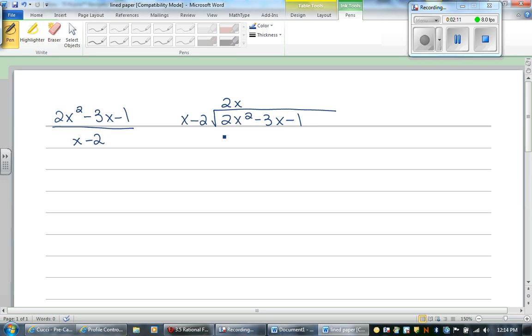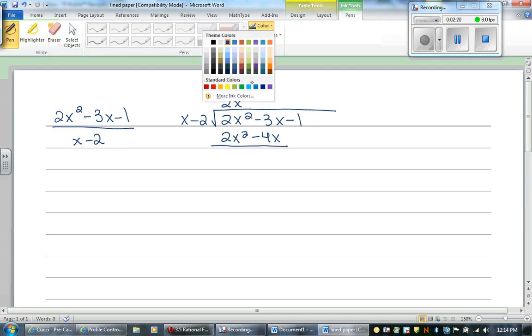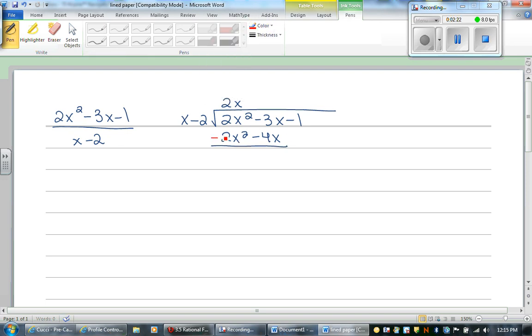We distribute that back through. And then we have to remember to subtract, right? So this becomes minus plus. So this becomes positive 1x, and I'm going to bring down that minus 1. What do I have to multiply x by to get x? That's going to be a 1.